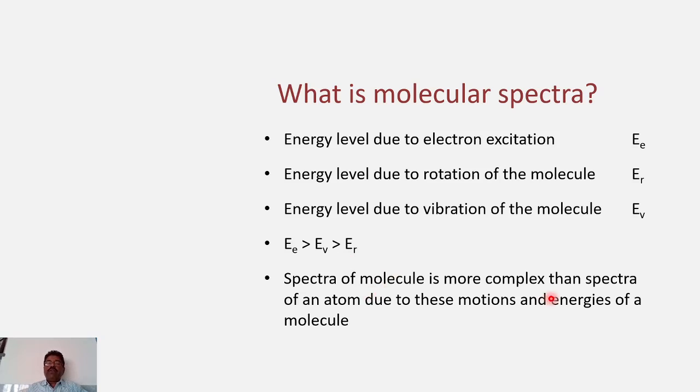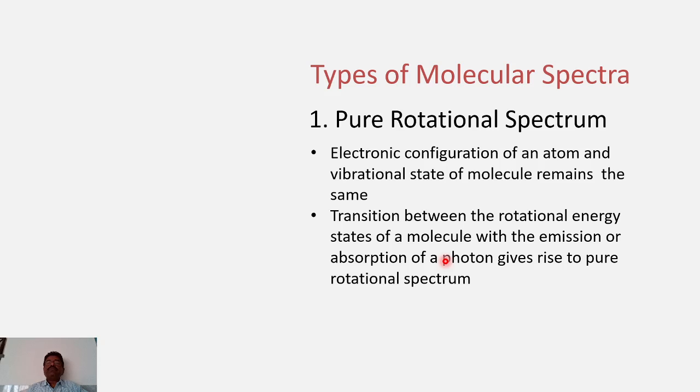Therefore, the spectra of a molecule is more complex than the spectra of an atom because of these motions and the energies of the molecule. So this is a very important thing we have learned about the spectra. What is molecular spectra? There are three interactions involved.